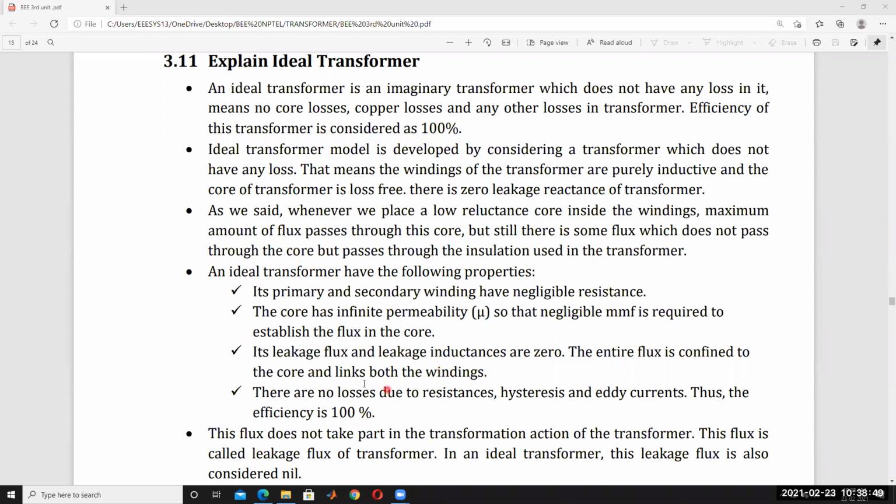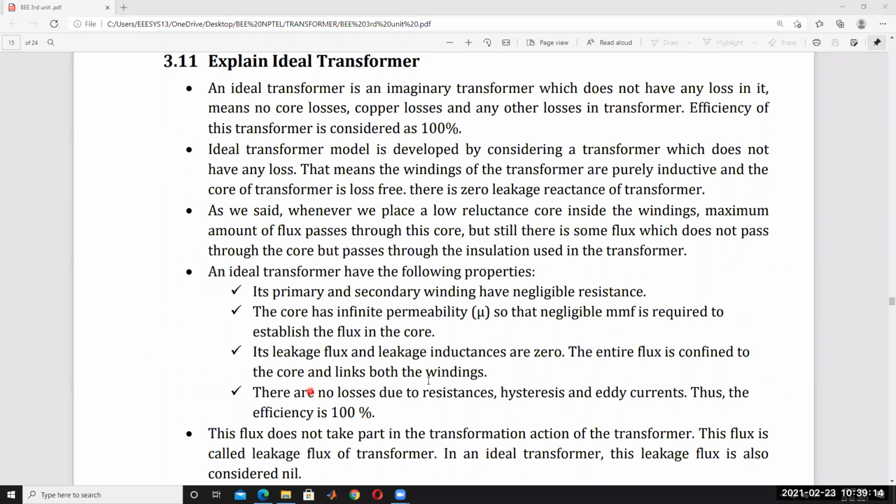There are no losses due to resistance, hysteresis and eddy currents in an ideal transformer. Thus the efficiency is 100%. No losses means efficiency is 100%.